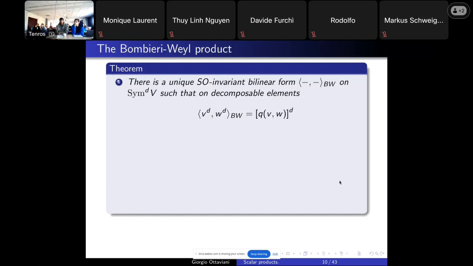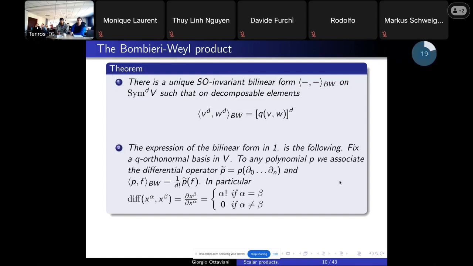And now the solution that was found in the 19th century is really smart. How do you prove the existence of this? You use apolarity. So you fix, as we say today, an orthonormal basis. And for any polynomial, you construct a differential operator, defined by P applied to the partials.